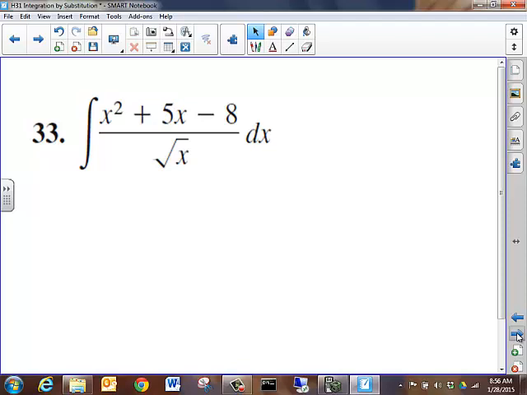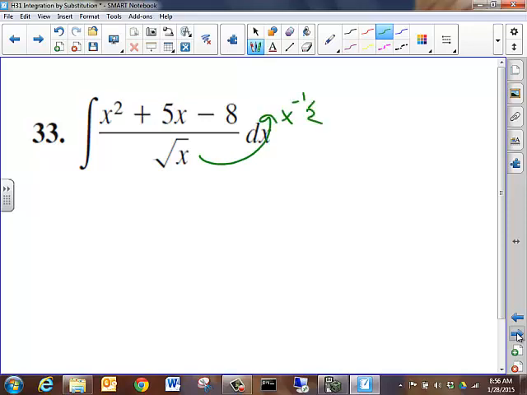Maybe you can, but you can't do it with just the power rule, just looking at it. Claire, you want to elaborate? We're going to bring this up and make it x to the negative 1/2, and then distribute through, and then integrate. Okay? That sounds like a grand idea.